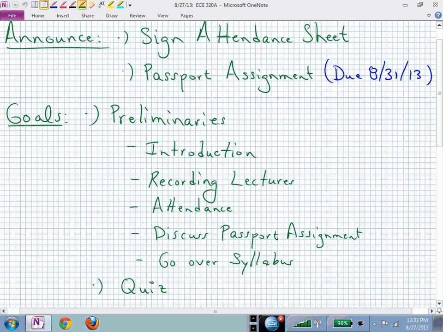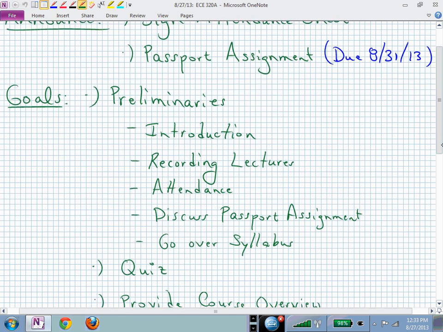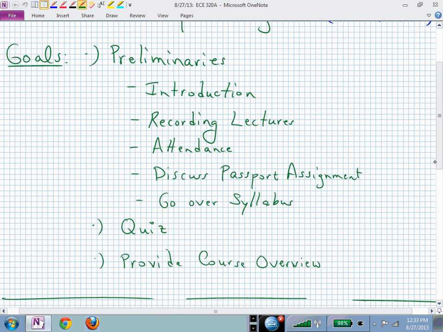Hopefully you do have D2L access, and that's your access into the class. You hand in that passport assignment on D2L. On the content page, you will find the assignment. You can submit that through the Dropbox on D2L, and if you have questions, let me know, but hopefully that will go smoothly.